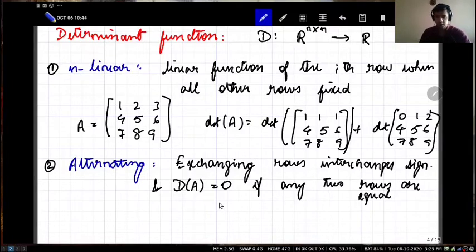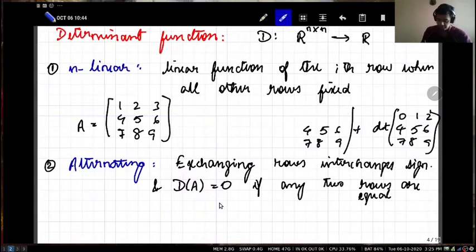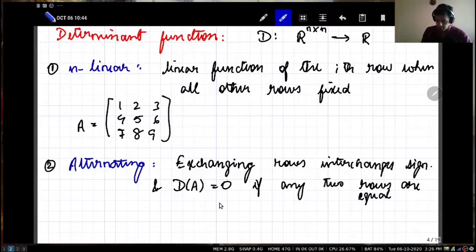Check that this is indeed true. Okay, so that is property number 1.